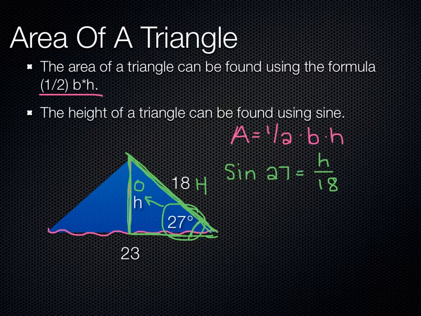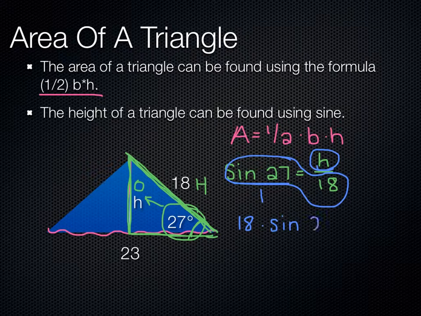Now, if I were going to solve that for h, now I don't want an actual number here, I just am looking for the process, but if I was going to solve that for h, I would put this over 1 and cross multiply here, so that's going to give me 18 times sine 27 equals, and then here when I do 1 times h, that's just going to give me h. But that's what I wanted. I wanted h by itself.